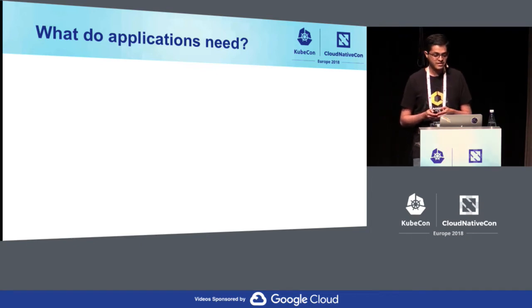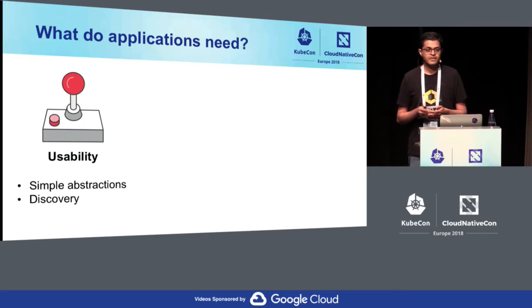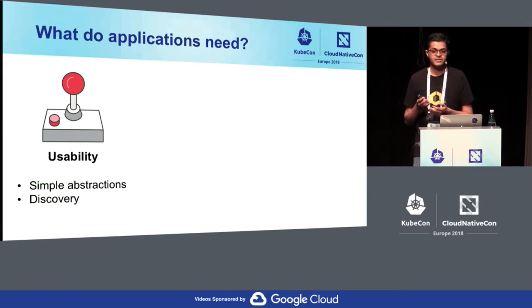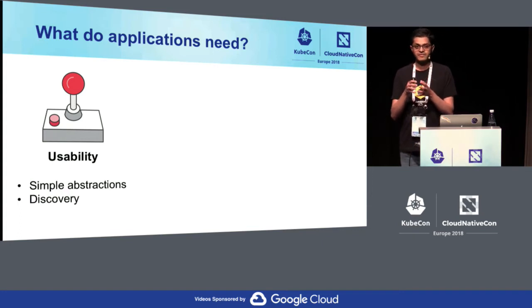The first one is usability. Whatever networking solution we were going to provide had to be super easy to use and super easy to integrate with. What this means is, as developers, all you need to say is my application needs networking, and my application needs to communicate with this other set of applications, and that should be it.